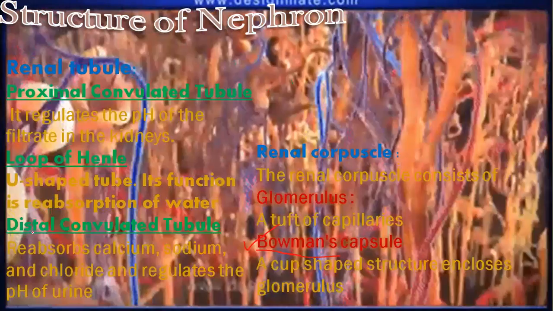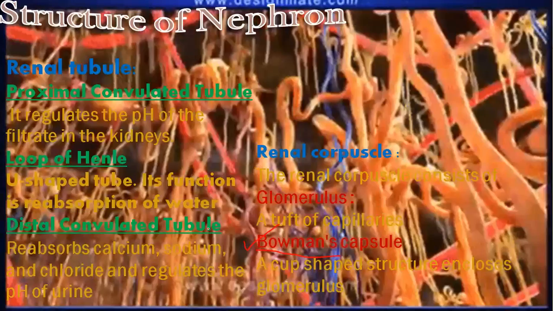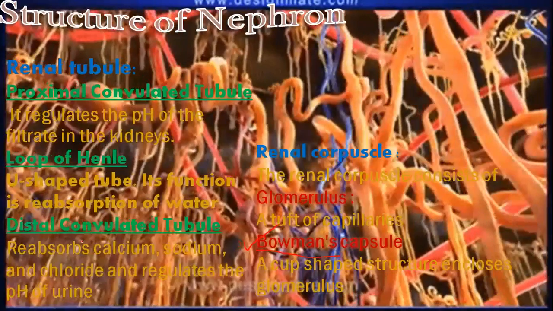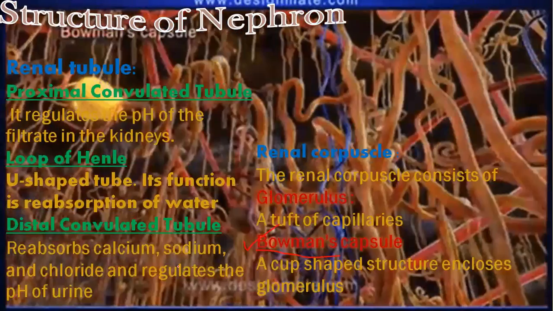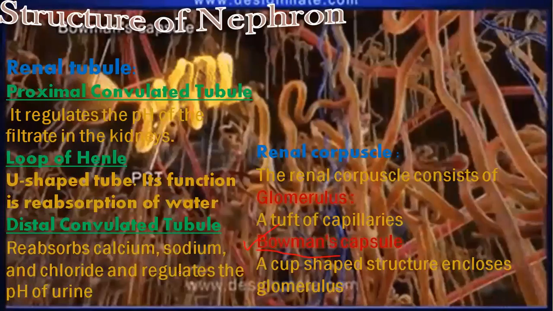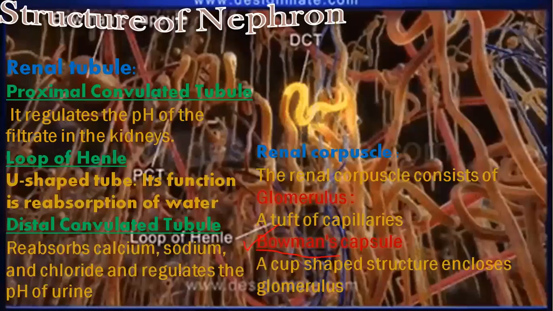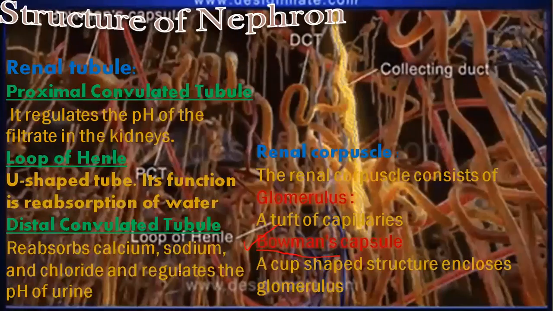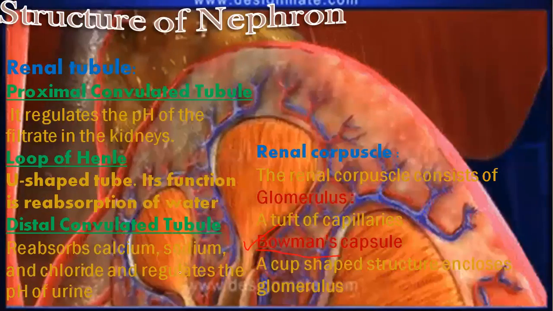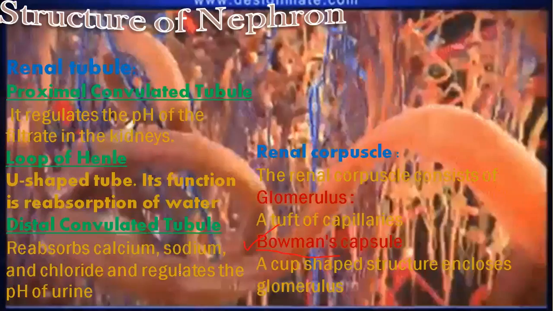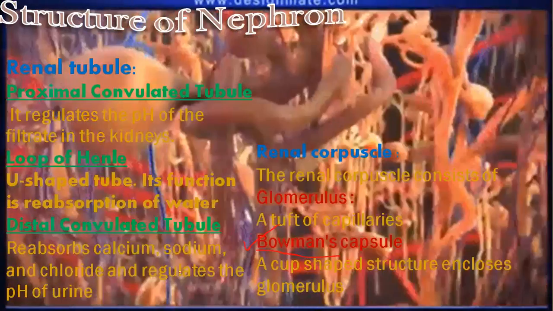The last part of this tubule is the distal convoluted tubule. Distal means at the back. It reabsorbs calcium, sodium, and chloride ions and regulates the pH of urine. That is also happening here. We will discuss the functioning of kidneys in the next lecture.